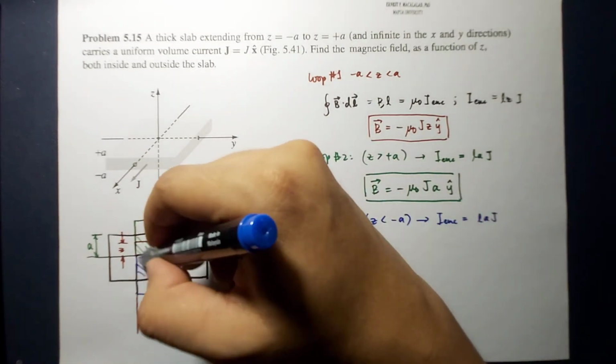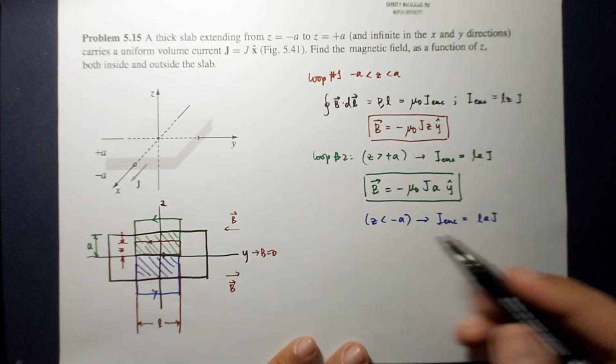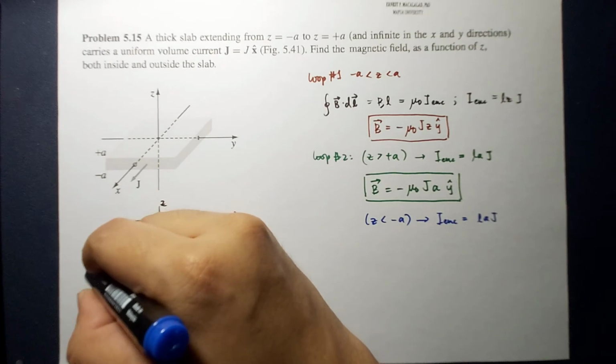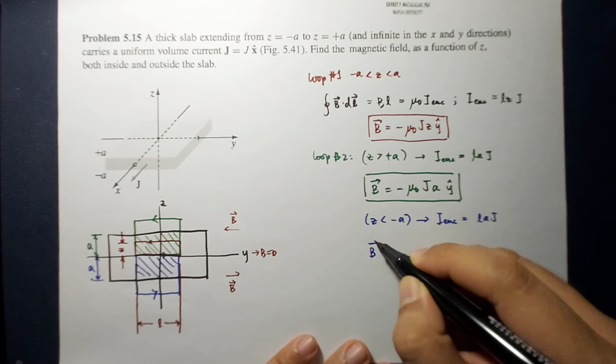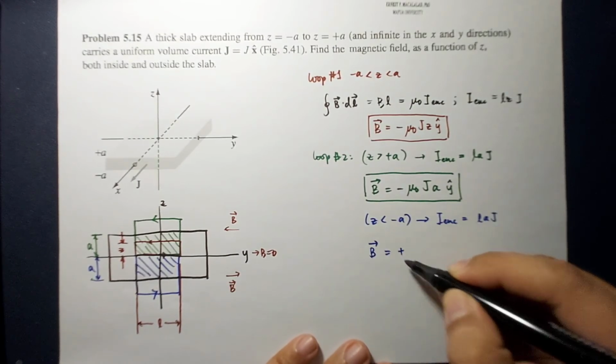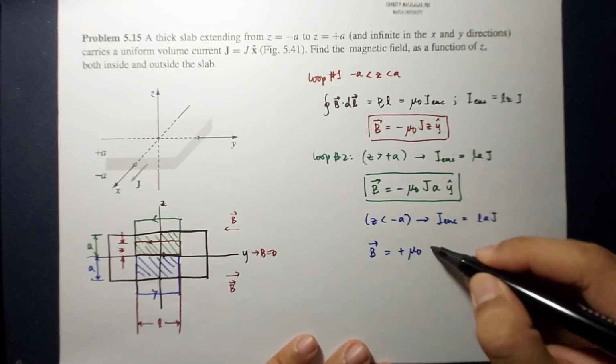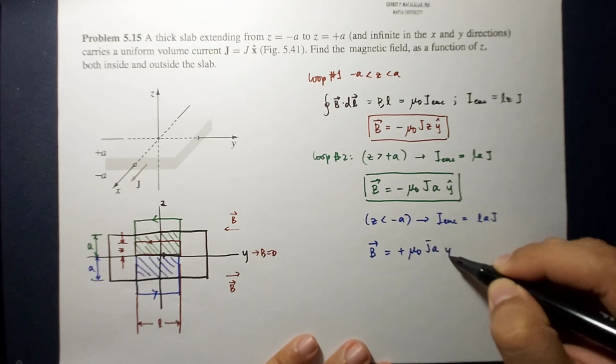So this is also LA. Therefore the magnetic field would be equal to positive mu naught J A y hat.